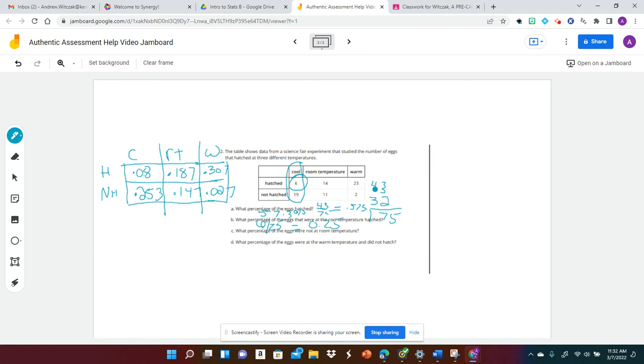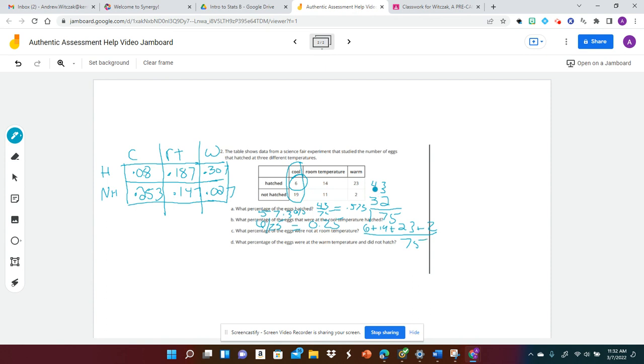So, what percentage of the eggs were not at room temperature? What percentage were not at room temperature? So, that would be all of the eggs at cool and warm. So, we can go 6 plus 19 plus 23 plus 2 out of the 75.